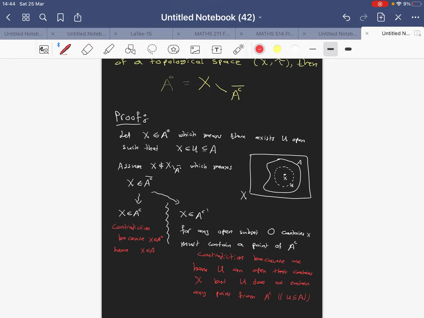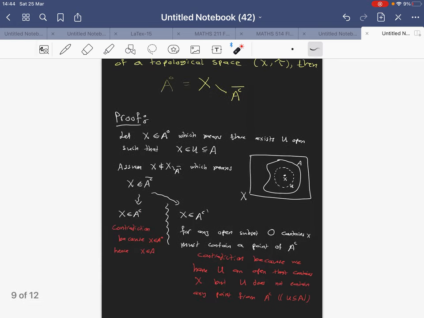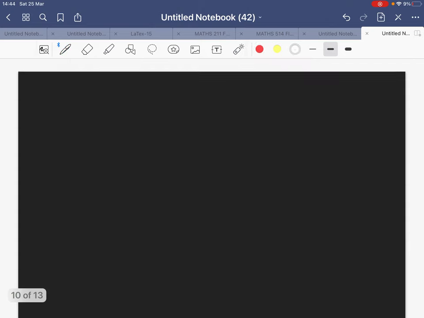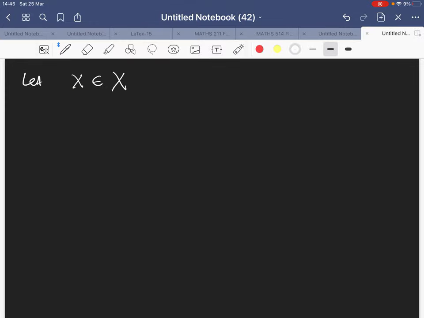Okay, now let's do the second part. Now let me take an X which lives here and I try to show it lives in the interior. Now, the second part, let X belong to X except the complement closure.